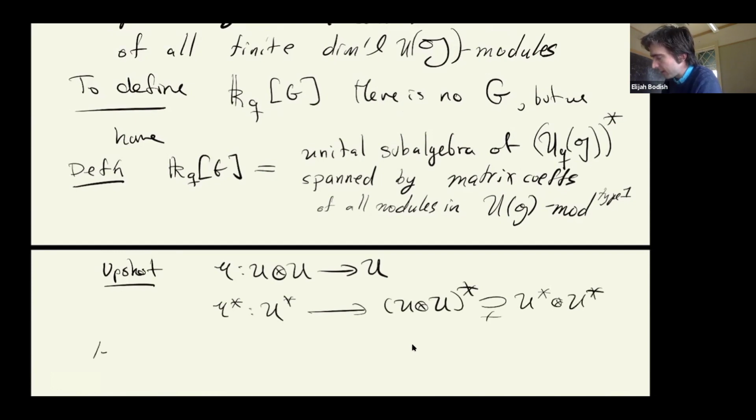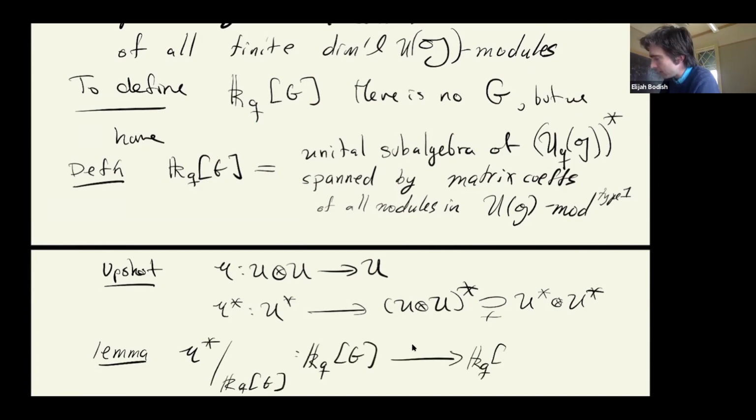So it's actually a lemma that if I take mu star, the co-map to the multiplication map, and restrict it to this quantum coordinate algebra, which is the subspace spanned by matrix coefficients of type 1 finite dimensional modules, then I'm going to land in K_q[G] tensor K_q[G].